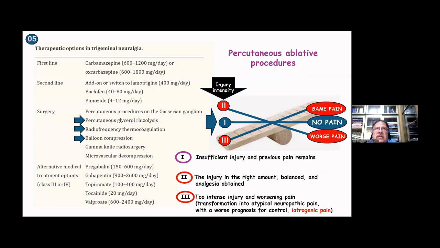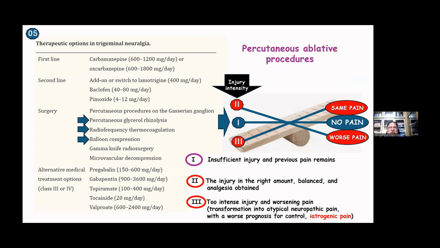Relief procedures in which we preserve the system are called non-ablative. When we purposely damage the peripheral or central nervous system, we are performing an ablative procedure.